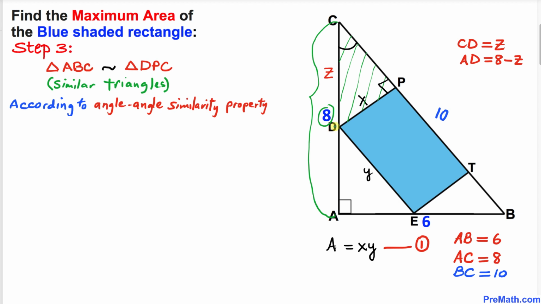So therefore this side length AD is going to be 8 minus Z.